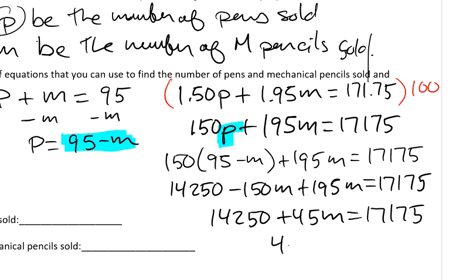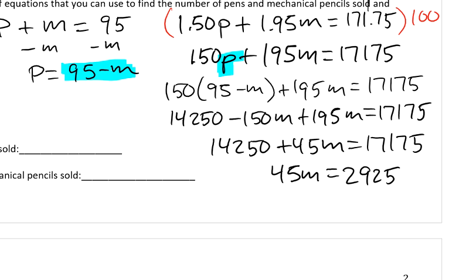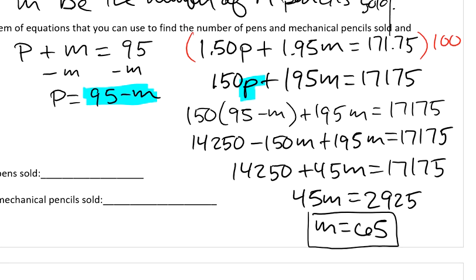When I do, I get 45m equals 2,925. And then finally, I'm going to divide both sides by 45, and when I do, I believe that m would be equal to 65. So I think that I've sold 65 of the mechanical pencils. Now, I still need to figure out a couple more things, and I want to definitely check this before I'm positive. I do know now that the number of pens is pretty straightforward, right?